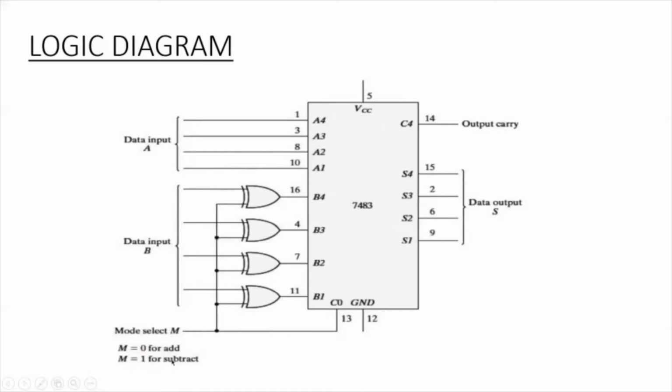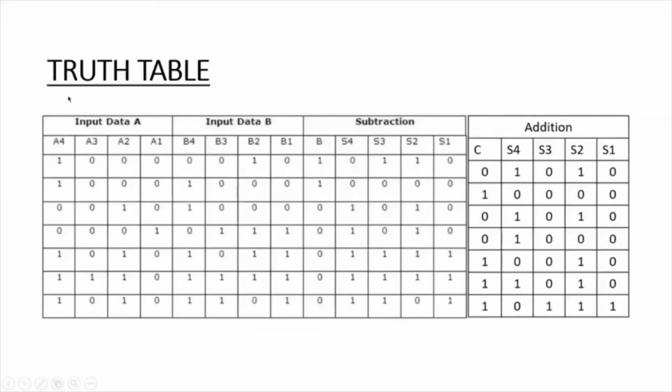If M is 1, then it inverts the values, and 1 is added through C0, which is also connected to M. So the values are inverted and 1 is added, which is basically a 2's complement. By adding these two, we can get the output of the subtraction operation. This is the logic diagram. So next we have the truth table of the subtraction and addition.